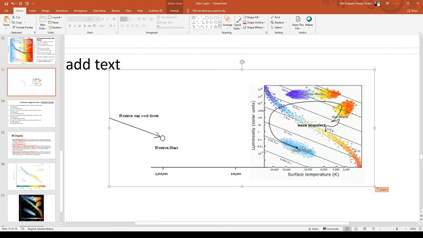It's like a white dwarf, but with way more temperature. The Hertzsprung-Russell diagram is only for normal stars and white dwarfs.